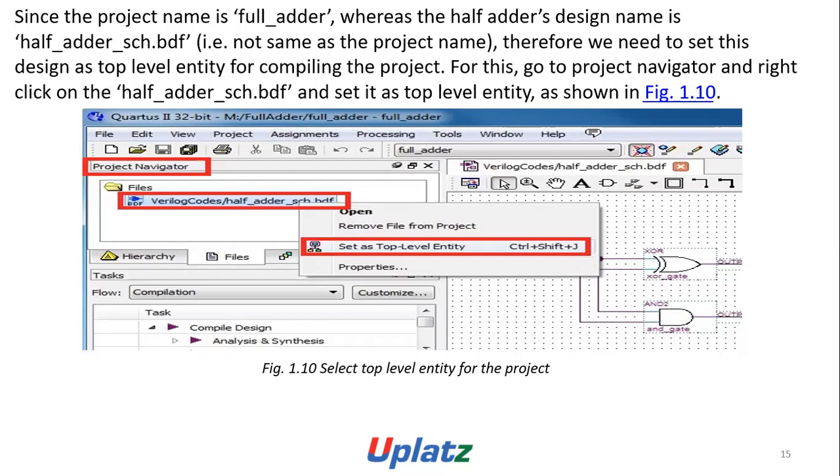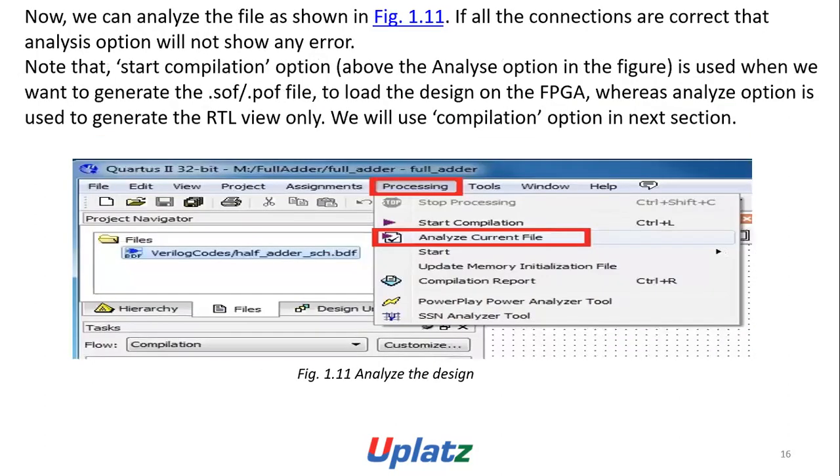Therefore, we need to set this design as the top-level entity for compiling the project. For this, go to the project navigator and right-click on the half adder schematic and set it as top-level entity as shown in figure 1.10. Now we can analyze the file as shown in figure 1.11.